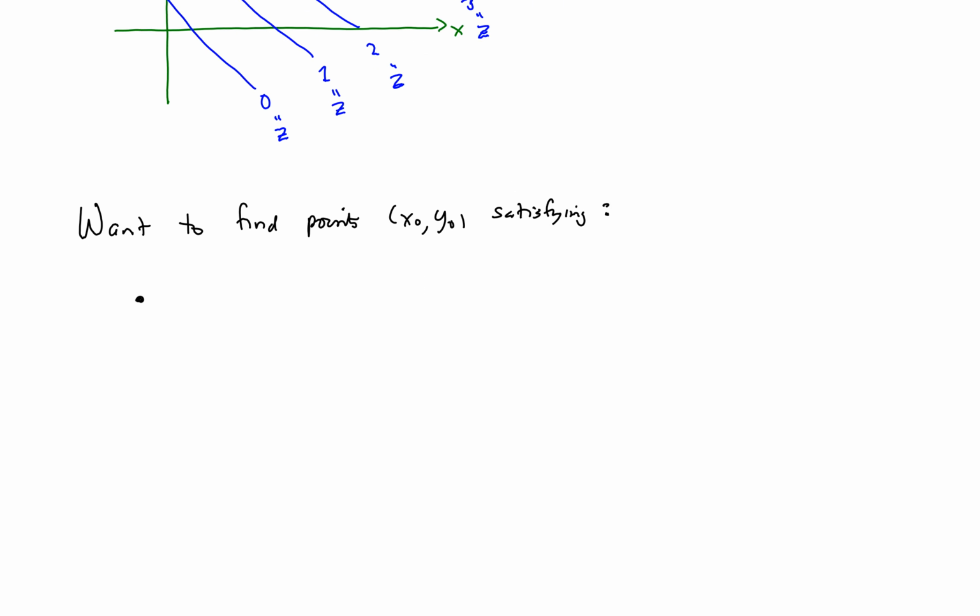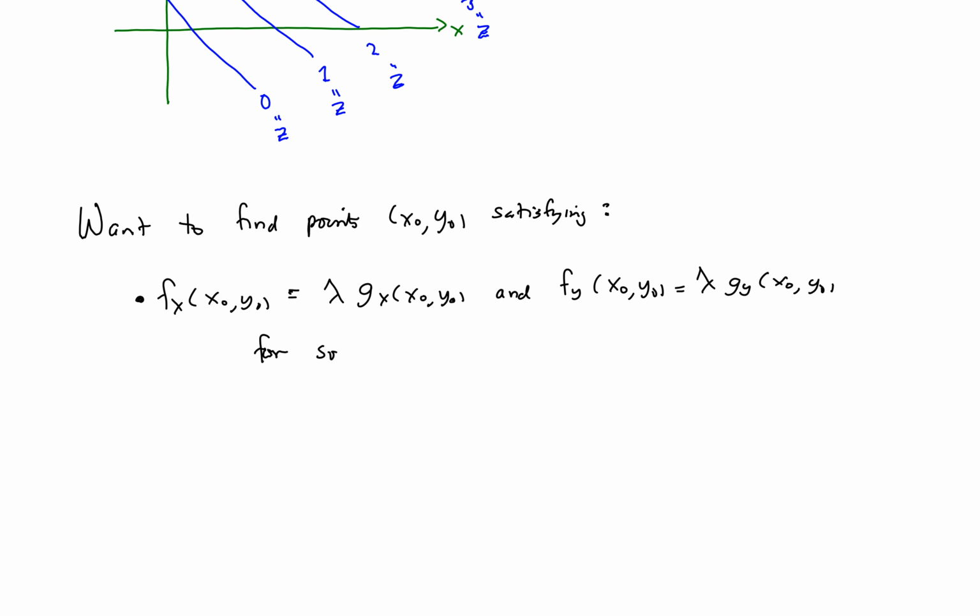I want the partial of f with respect to x to be lambda times the partial of g with respect to x, and the partial of f with respect to y to be the same scalar multiple of the partial of g with respect to y. This is for some number lambda that's not equal to 0.